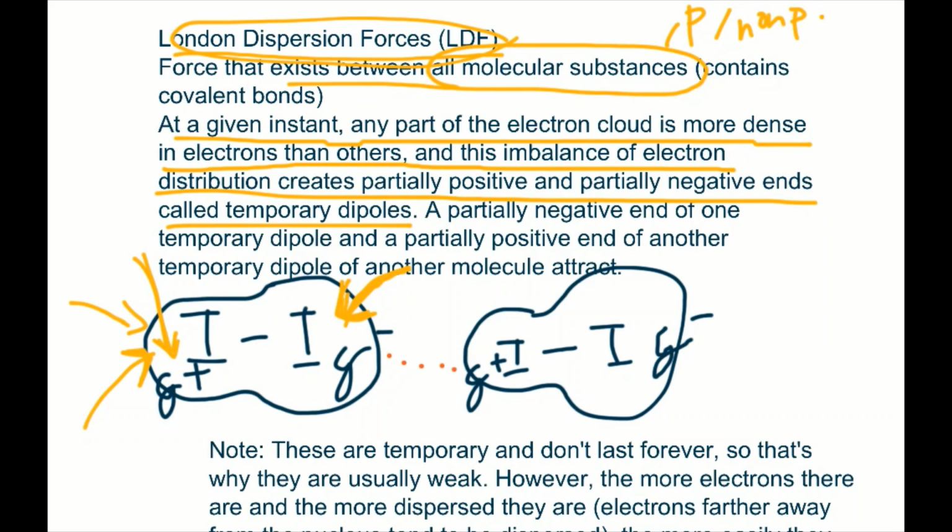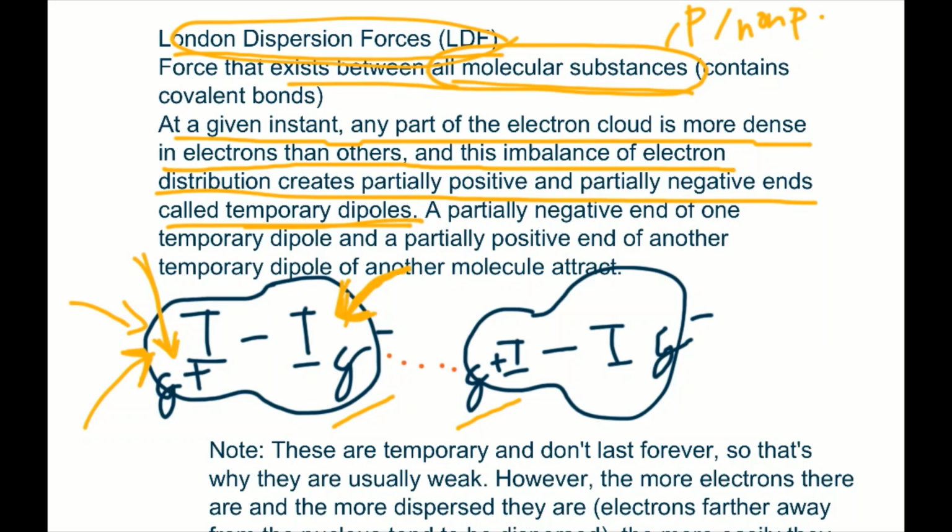And yeah, now why is LDF considered an intermolecular force? Well, as we just learned, any molecular substance can create temporary dipoles, where the electron cloud of the molecule can have a partially negative end and a partially positive end. Because of this, a partially negative end of an electron cloud that has deformed may attract a partially positive end of another molecule, perhaps another I2 molecule.